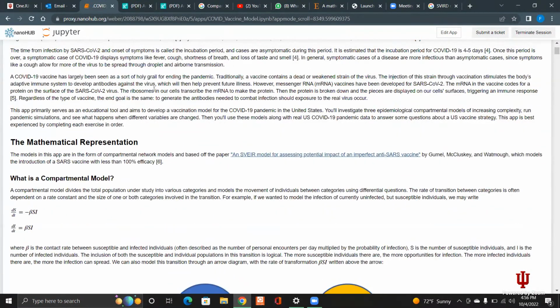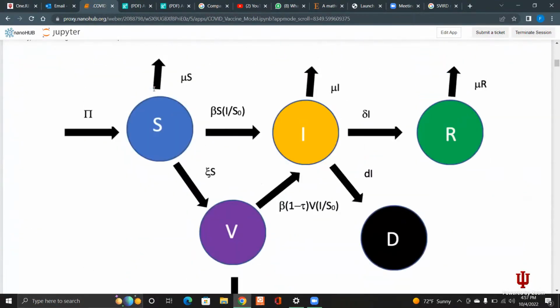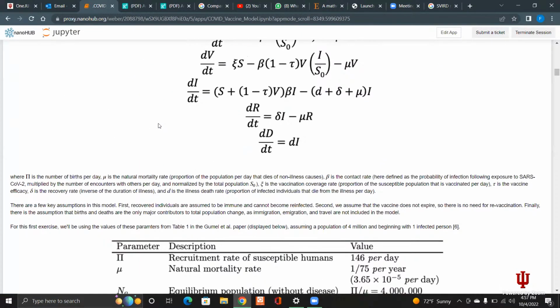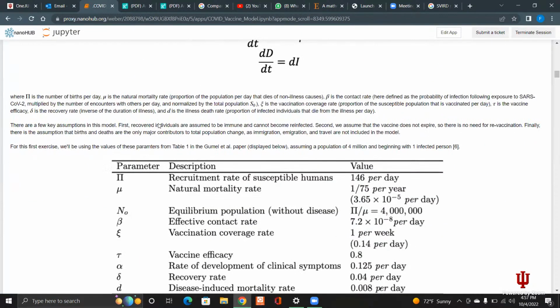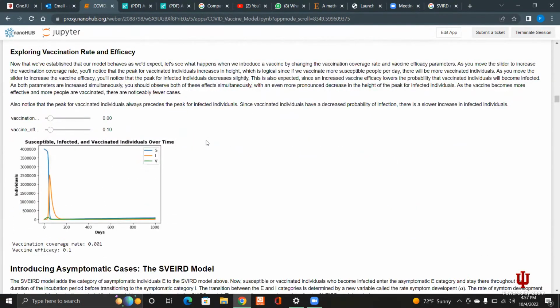It actually deals with three scenarios, first considering that people are not vaccinated when COVID came, and then stepping into conditions where vaccination came, and then considering some other parameters too.